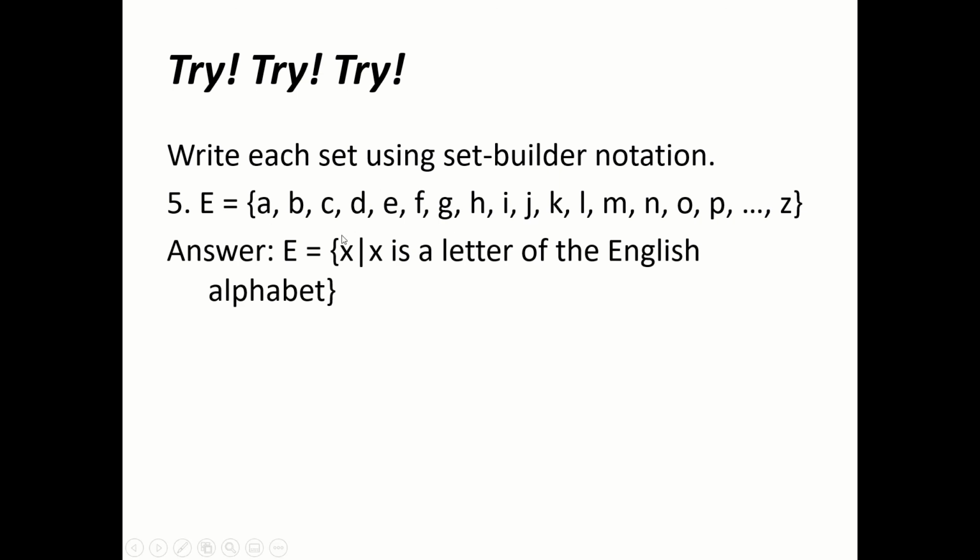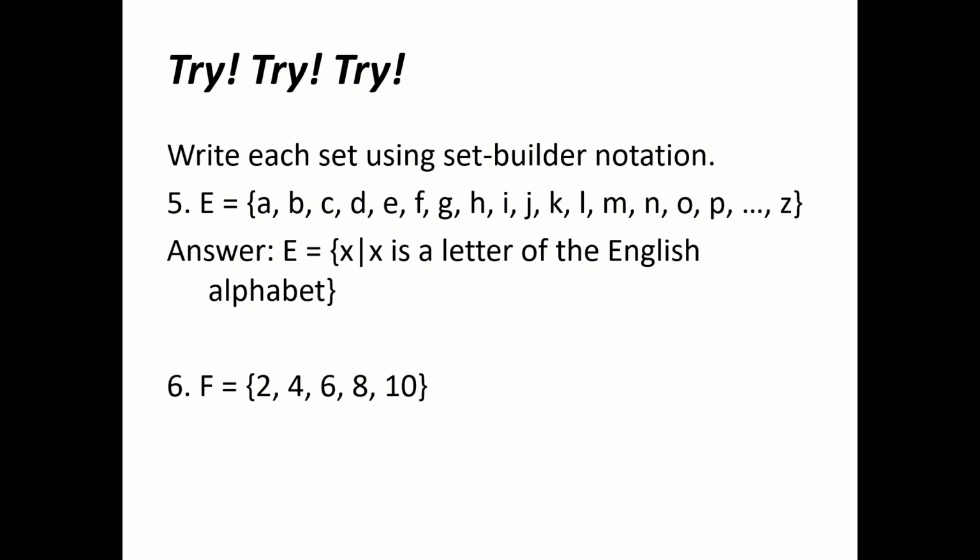And the set is already named as E. So you put E here and then x such that x is a letter of the English alphabet. Take note, the word is cannot be are. So it has to be singular because we're just describing one element. Whatever this x would be, it can be A, B, C, and so on, but it is a letter of the English alphabet.